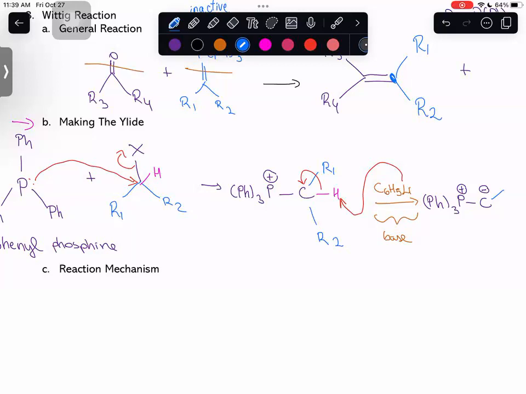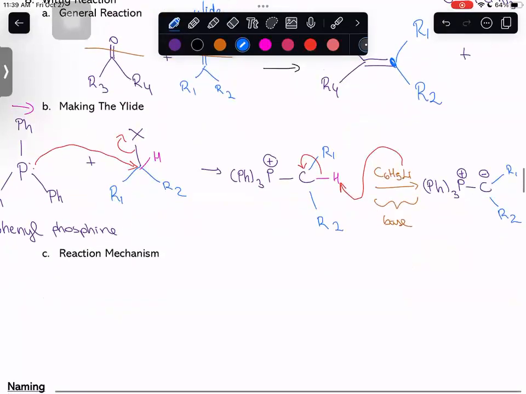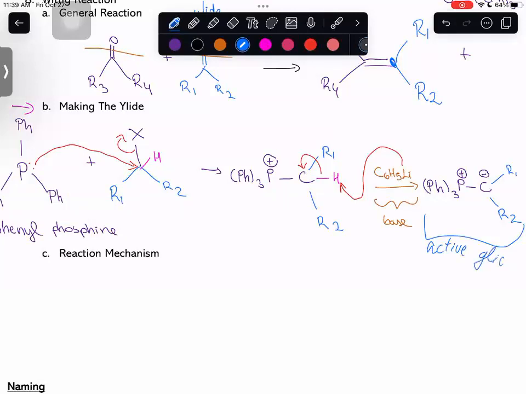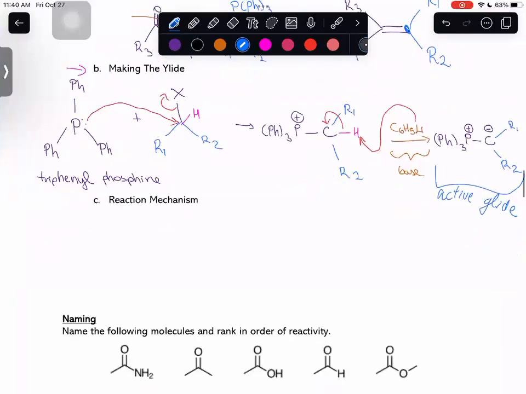Okay. So we have R1, R2. And now that we have that even charge separation, we have positive and negative, they cancel each other, neutral. That guy is your active ylide. In this case, let's just write active ylide. So then that molecule stays with that positive and negative? Yes. And we're actually gonna see how that plays out for the actual mechanism.